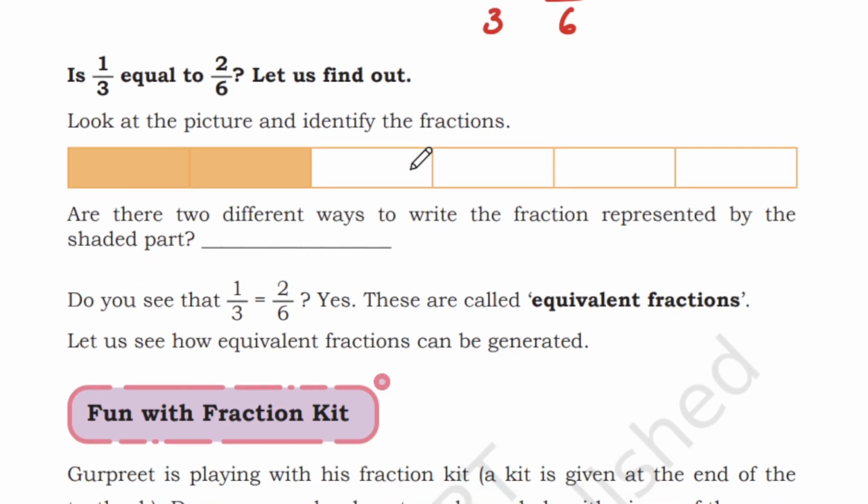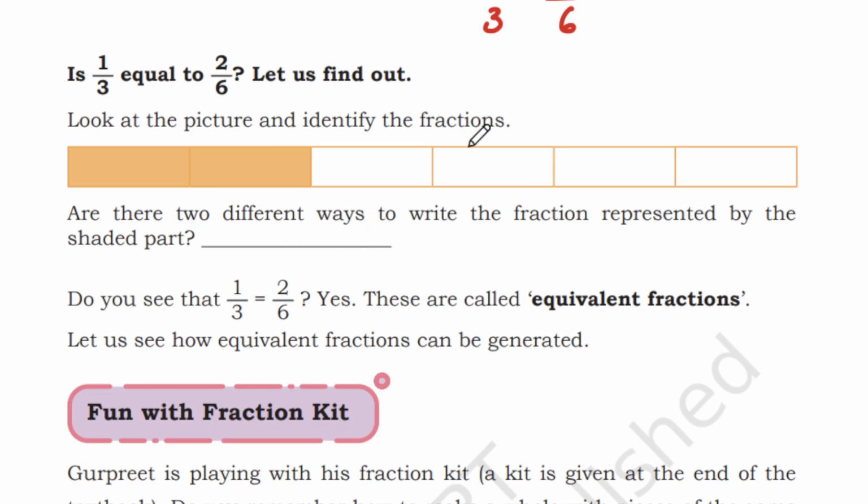So look at the picture and identify the fraction. So what fraction is this? We have 1, 2, 3, 4, 5 and 6. 1 and 2 is shaded of 6 fractions. So this is 2 divided by 6.